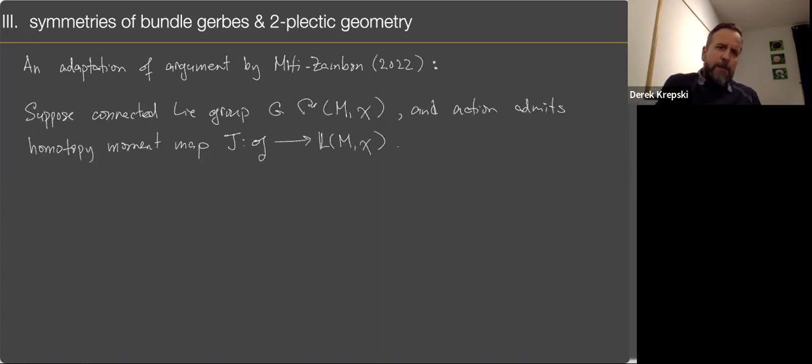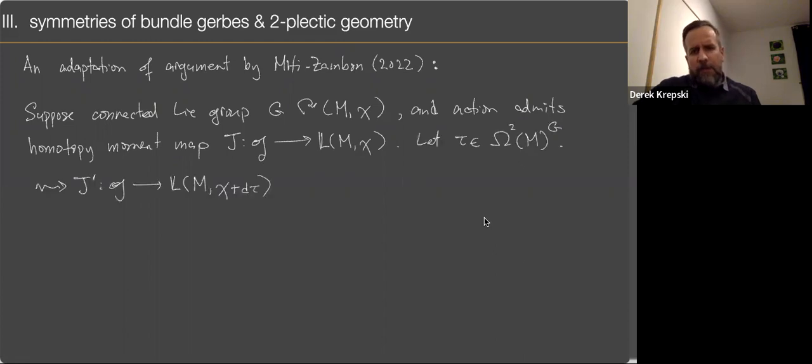Suppose you have a connected Lie group G acting on your manifold with the three-form, and suppose that it preserves the three-form, and that this action admits a homotopy moment map. In particular, this just means a morphism of Lie-2 algebras where we view the Lie algebra of the group G as concentrated in degree 0.